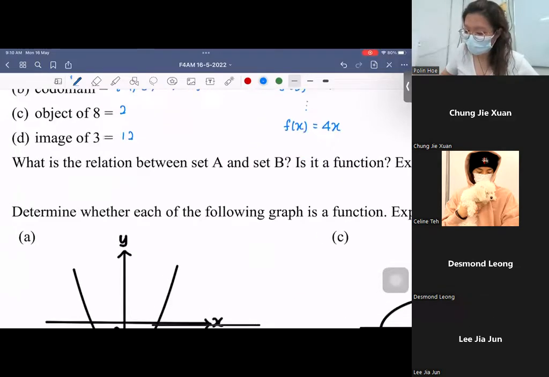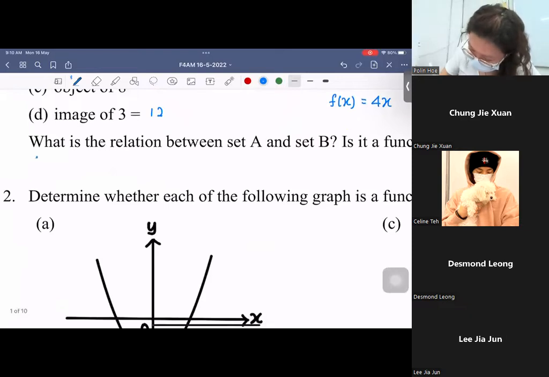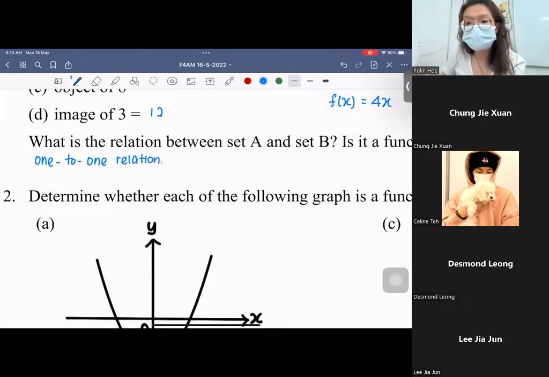So it is a one-to-one relation. And my friend, is a one-to-one relation a function? Yes, it is. One-to-one relation and many-to-one relation are functions.